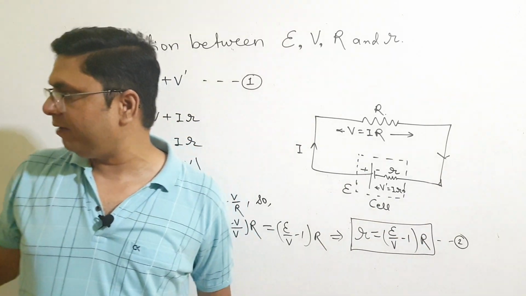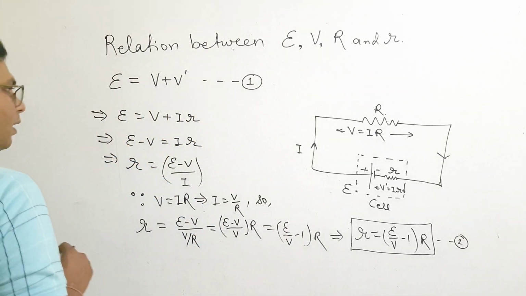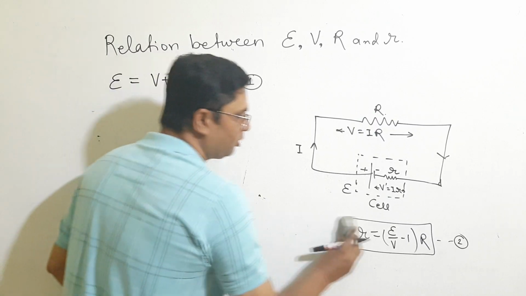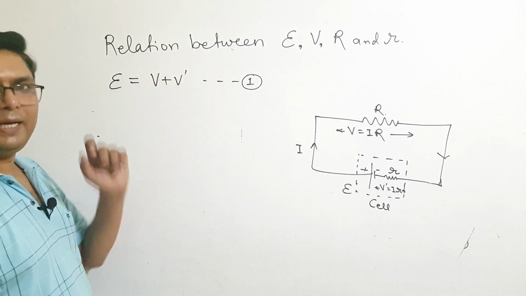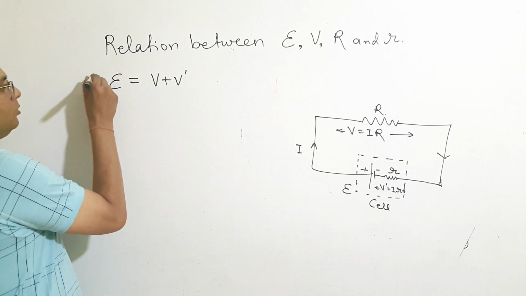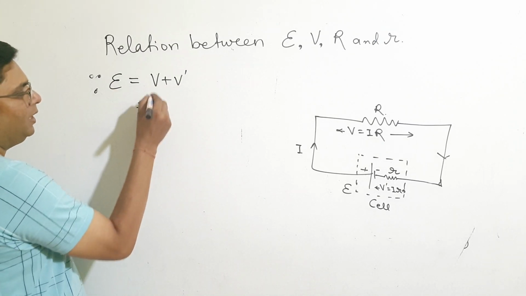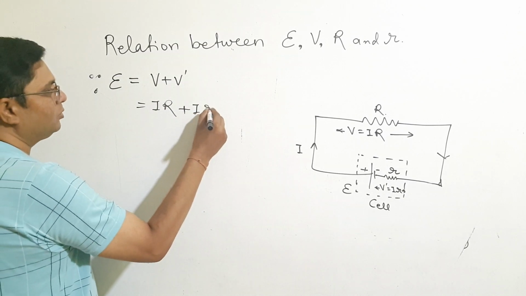Now let us have another equation for current. From equation 1 we have E equals V plus V dash. Since E equals V plus V dash, in place of V write I into capital R, and in place of V dash write I into small r.